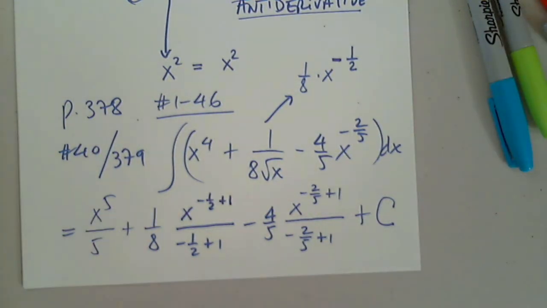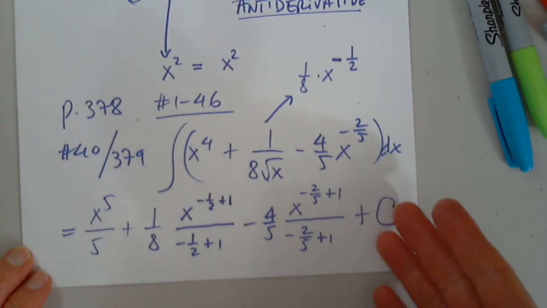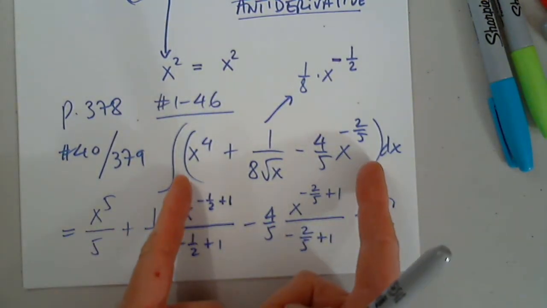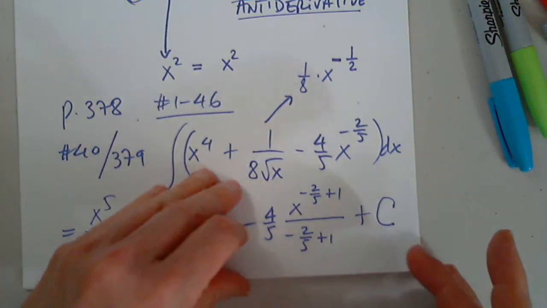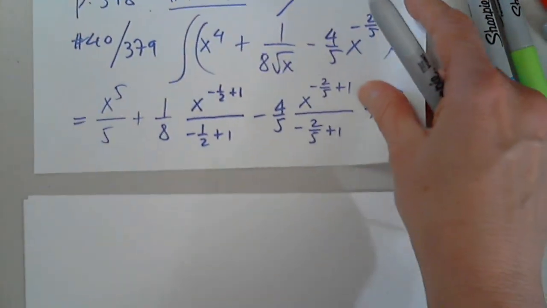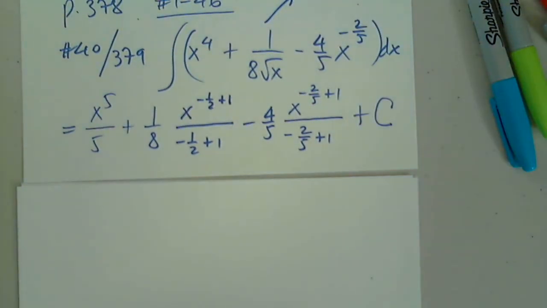Yes, I have to clean it up and present it nicely, but that's the final answer. This is the function or the family of functions whose derivative is this. Guaranteed. But yes, it needs to be cleaned up, those numbers, and simplify the fractions.